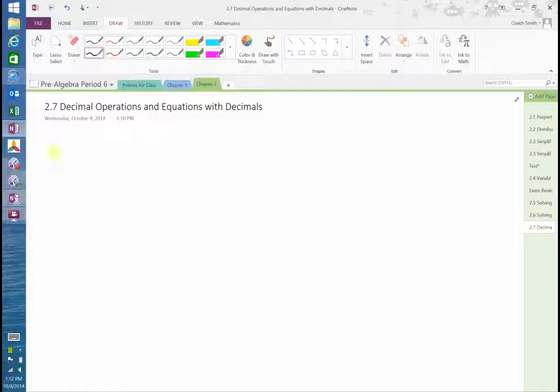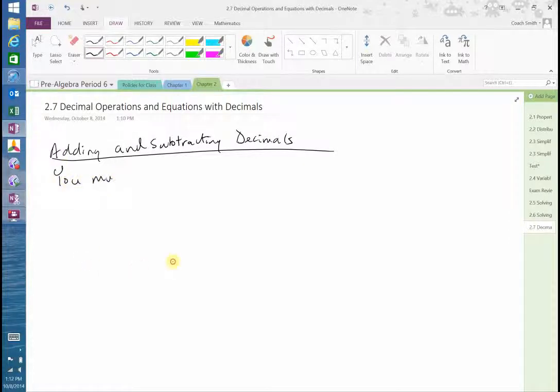First of all is adding and subtracting decimals. Okay. Remember, when you add or subtract decimals, you must align the decimals in each number.